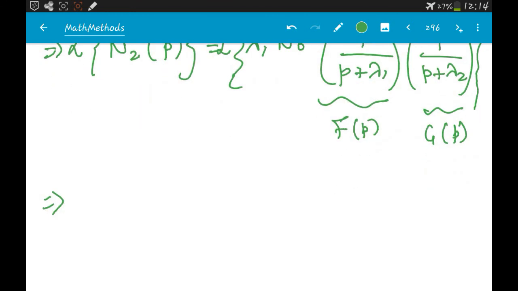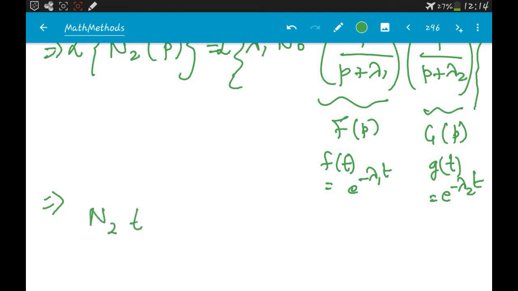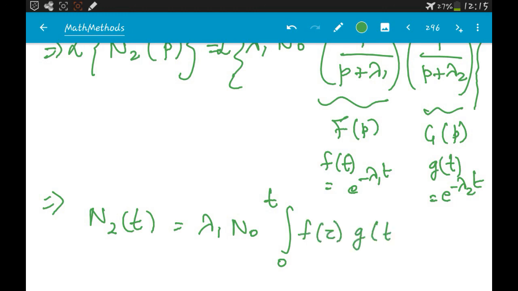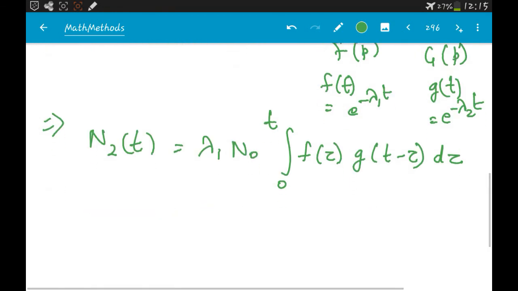If f of p is 1 by p plus lambda 1, then f of t would be e power minus lambda 1 t, and similarly g of t would be e power minus lambda 2 t. What we want is n2 of t, which is lambda 1 and n naught, constants you take outside, times the integral from 0 to t of f of tau g of t minus tau d tau. So this is what we want.